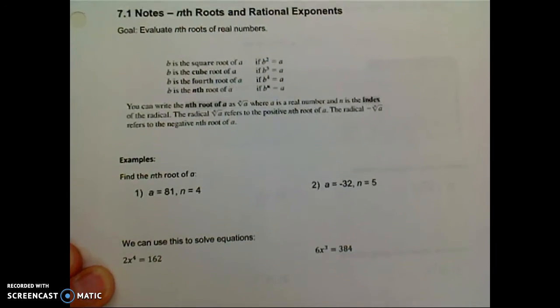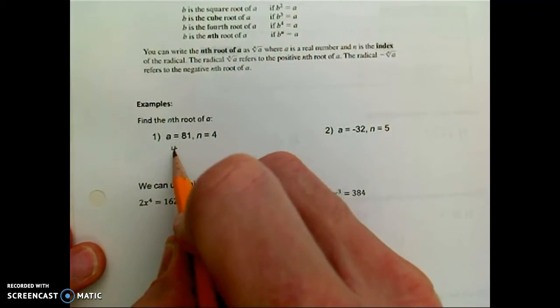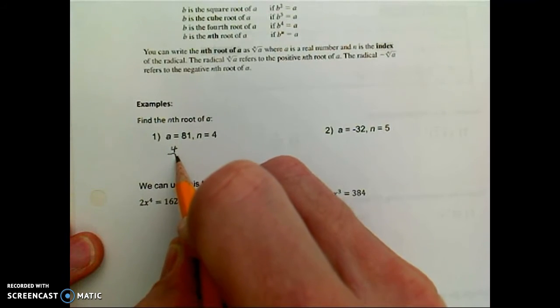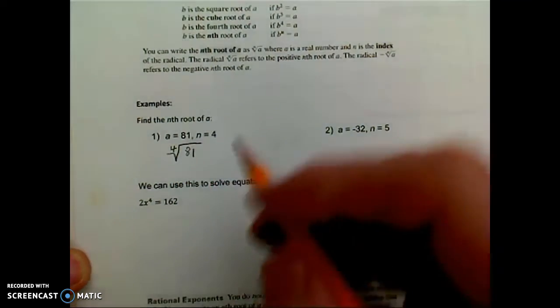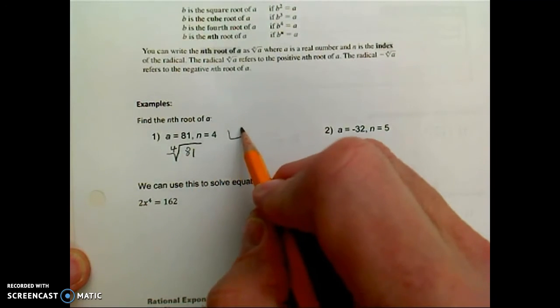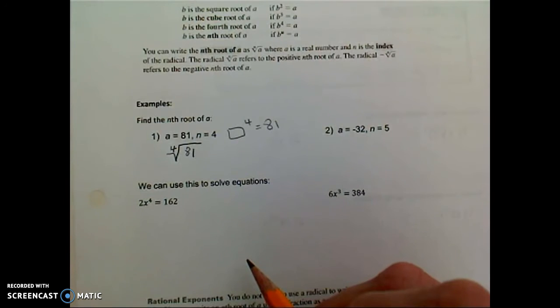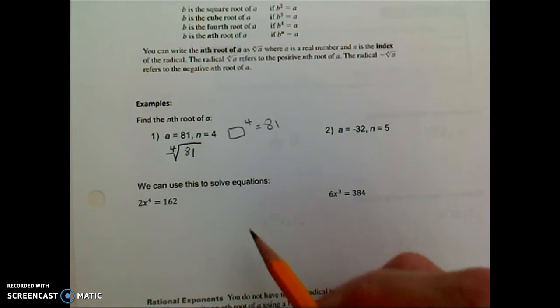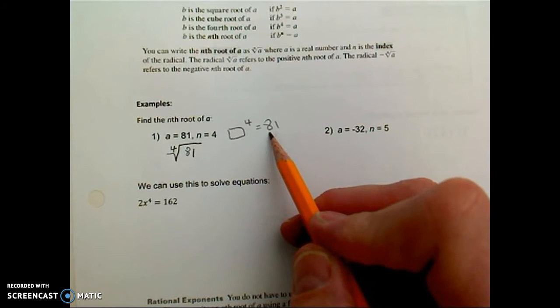As an example, if we were to try to find the fourth root of 81, that would look like this. I'm going to write my 4 as an index out in front of my radical and 81 on the inside. Now my question is, what number can I multiply by itself 4 times that's going to equal 81? Let's start by thinking about, is there a number that, if I square it, gives me 81?